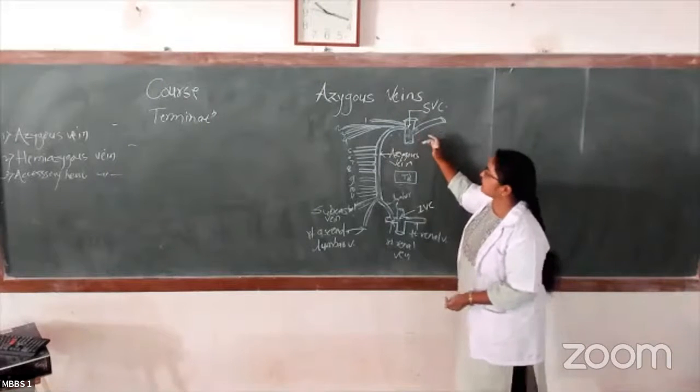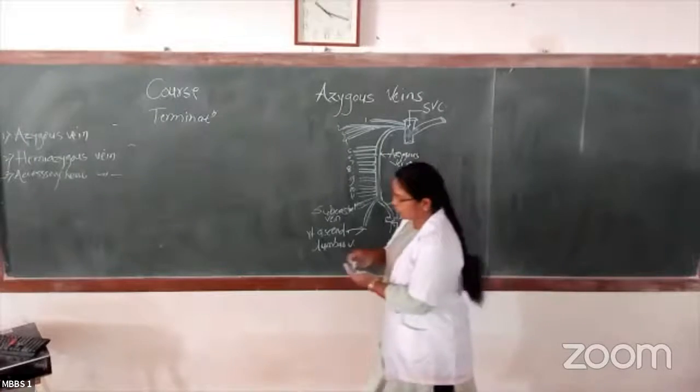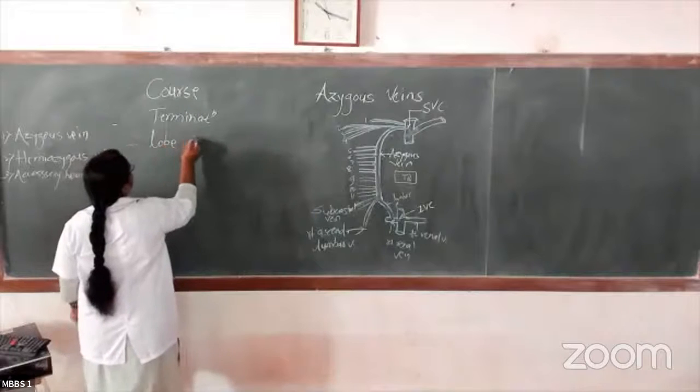Now the split apex, the medial end of the split apex, is called the lobe of the azygous vein of the right lung.